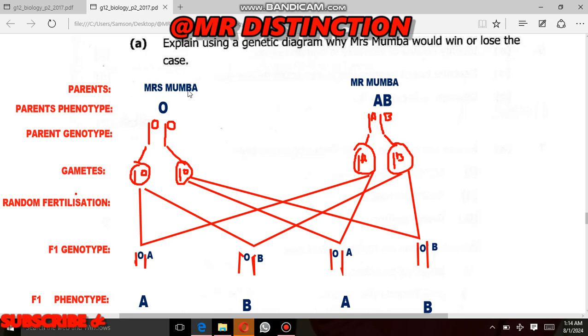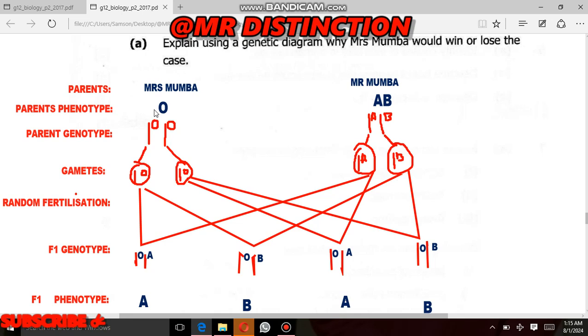So that's the first thing. We have two parents, Mrs. Mumba, then Mr. Mumba. Then the phenotype of these parents: Mrs. Mumba had blood group O, then Mr. Mumba had blood group AB. What is the genotype for group O?